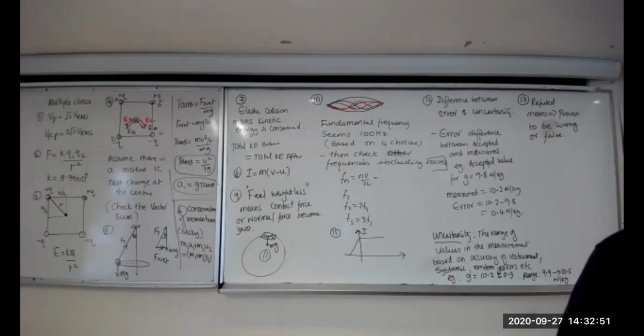Because remember, n equals 1, 2, 3, any n value you can have. It's only the one-end-free ones where only odd harmonics are possible. If both ends are fixed, then you can have 100, 200, 300, 400, and so on. That makes sense?